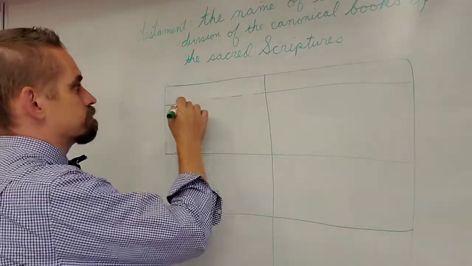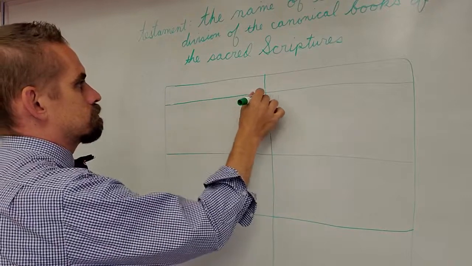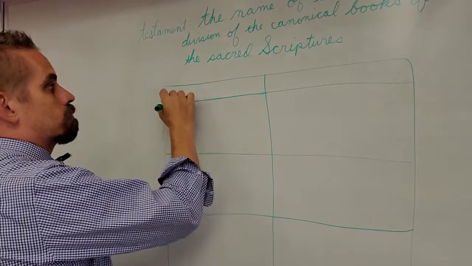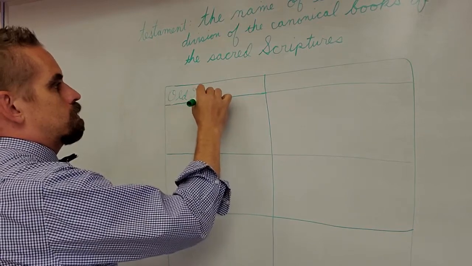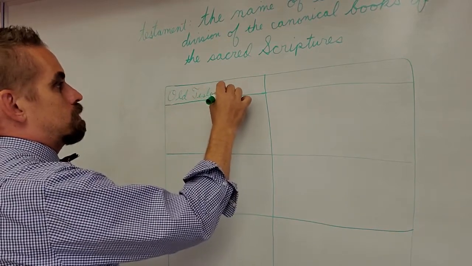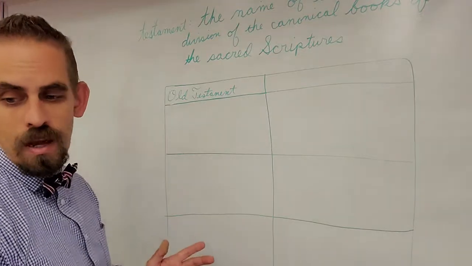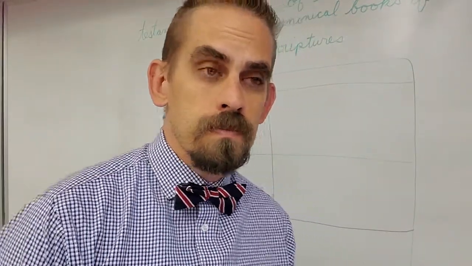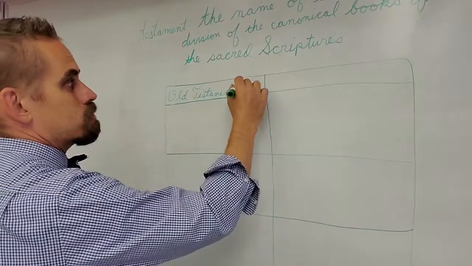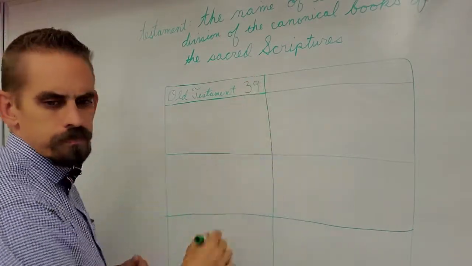Got to erase. Let's do it smaller. Old Testament. Now do you know how many books are in the Old Testament? There are 39, so we're going to write 39 right here.